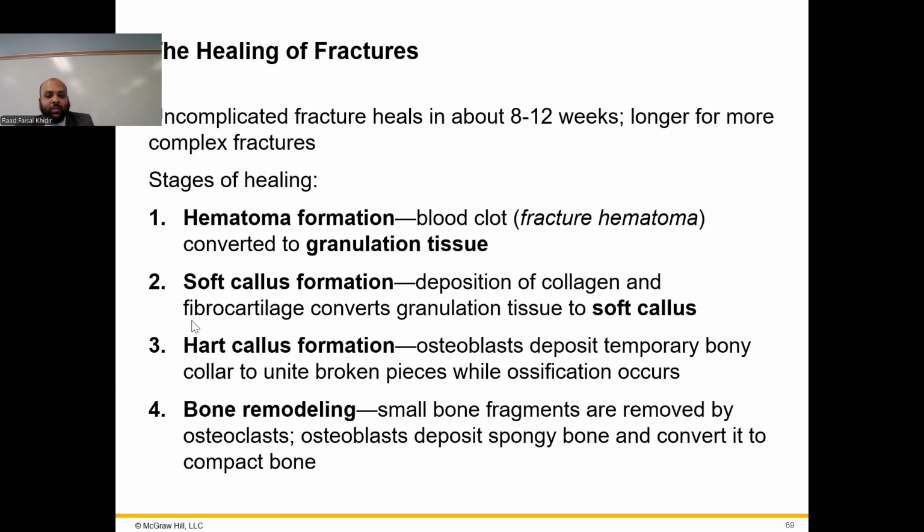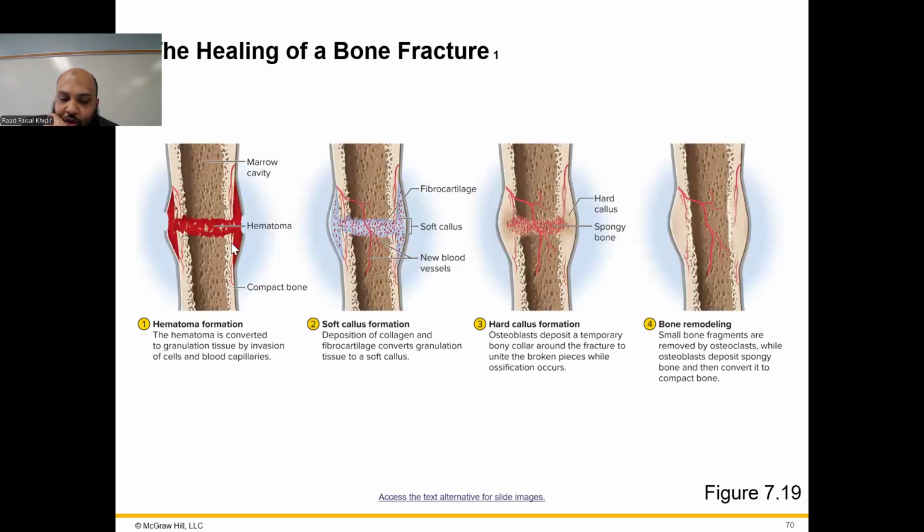Then there is hard callus formation, where osteoblasts deposit a temporary bony collar to unite the broken pieces while the ossification occurs. And bone remodeling is when small bone fragments are remodeled by osteoclasts and osteoblasts deposit spongy bone and convert it to compact bone.